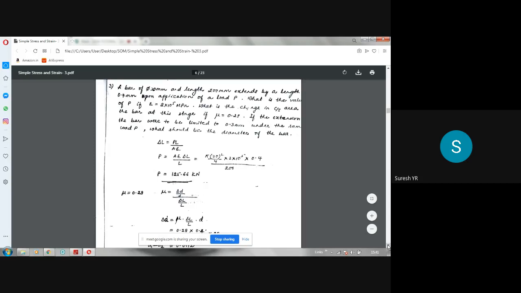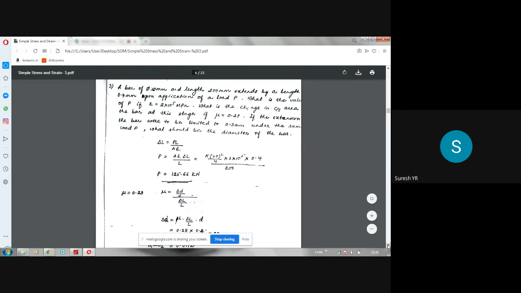So P is unknown. Change in cross-sectional area, we can call it delta A, is unknown. That is the initial cross-sectional area minus the final cross-sectional area, or the difference between those two. Then third part, the diameter of the bar is unknown if the extension is restricted.